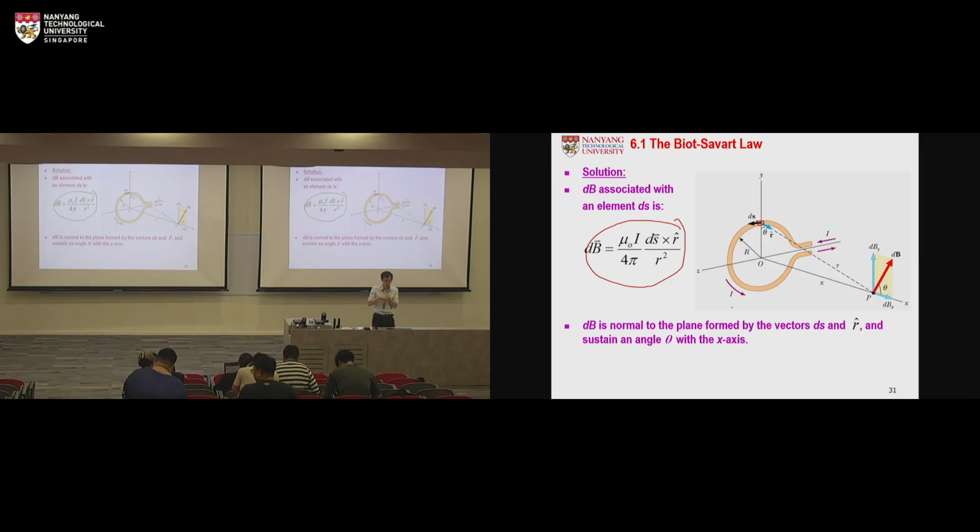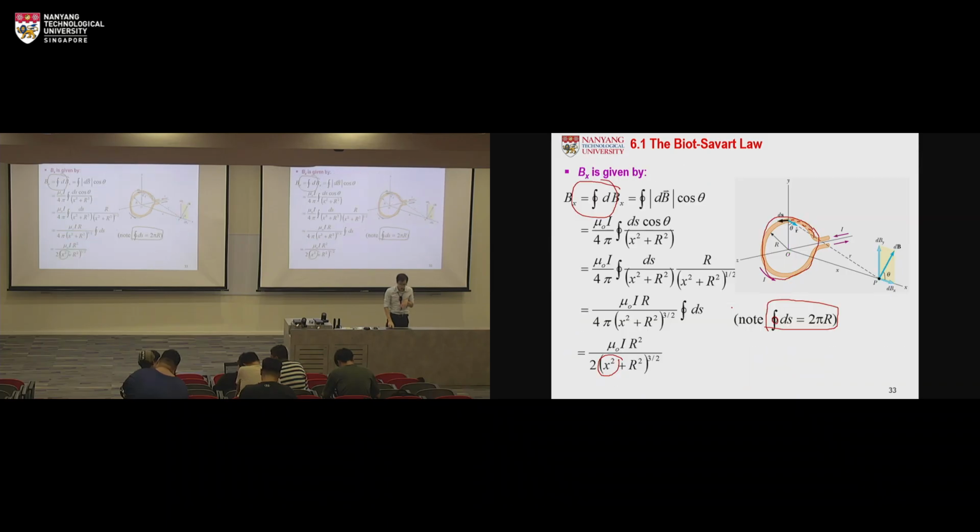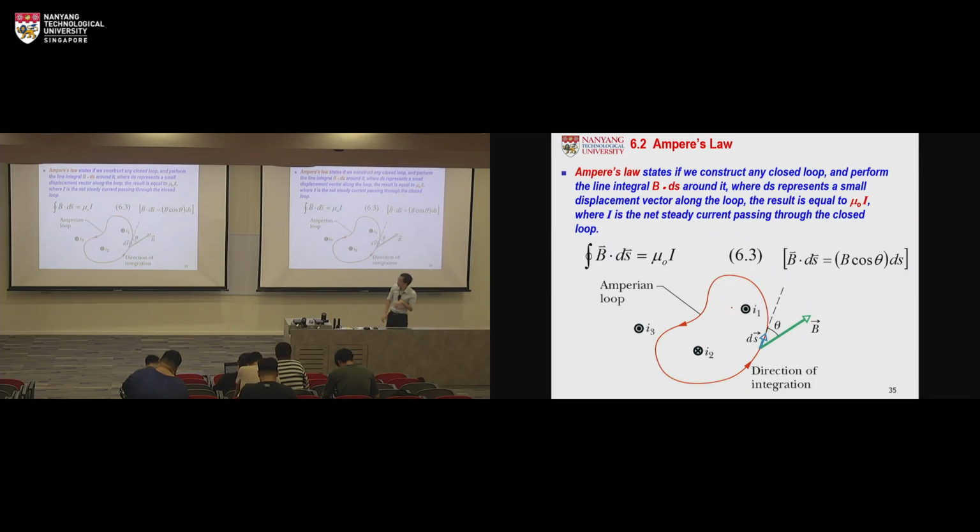In principle, we can do it: define ds and do this integration. But for us, the more relevant scenario is some special cases, those cases where we can use the so-called Ampere's law to figure out B due to I.